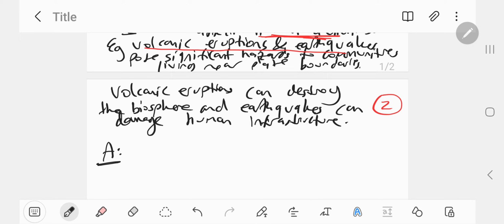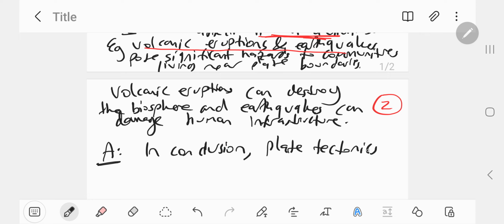So I would write in the following way. So in conclusion, this is your concluding statement. In conclusion, plate tectonics plays a vital role in shaping Earth's surface features and influencing human activities.